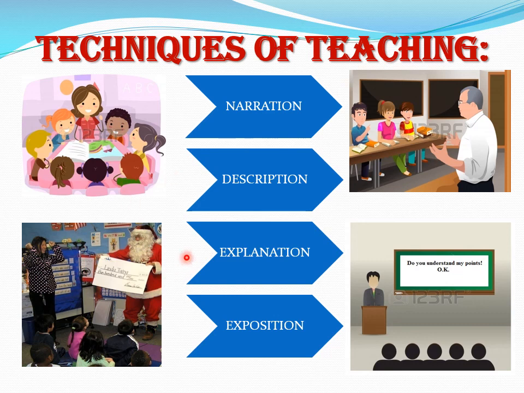Third, we have explanation, another form of technique of teaching. Explanation is, after all, another technique of oral teaching, and its main objective is to enable children to take an intelligent interest in the proceedings, to grasp the purpose of what is being done, and to develop their understanding of how to do it. It forms a kind of bridge between telling and revealing knowledge to the learners, and it involves a number of other techniques as well as narration and description.